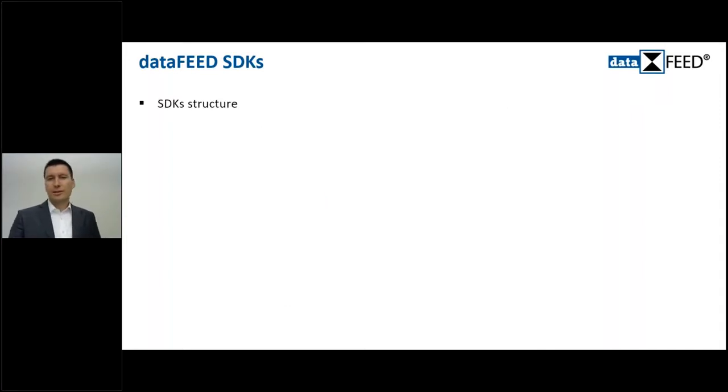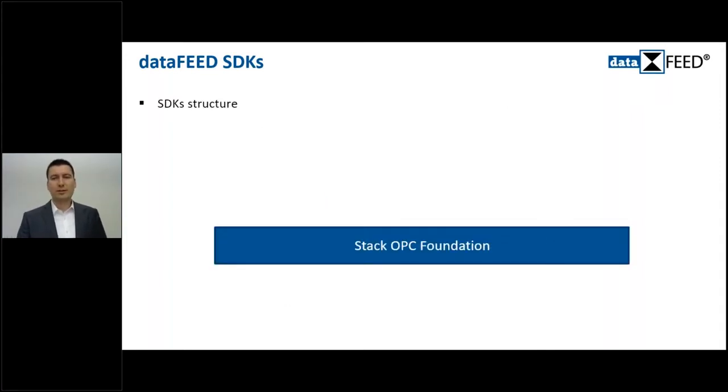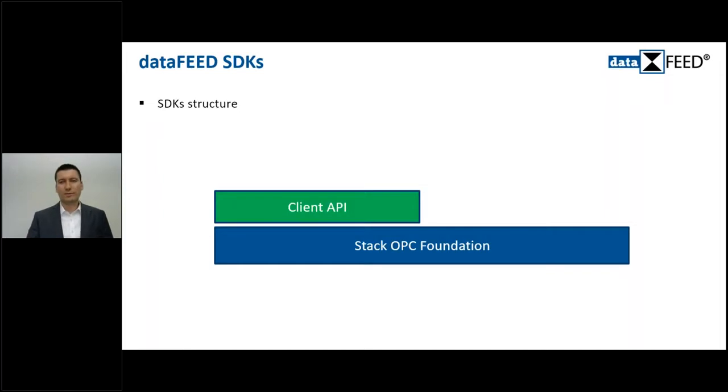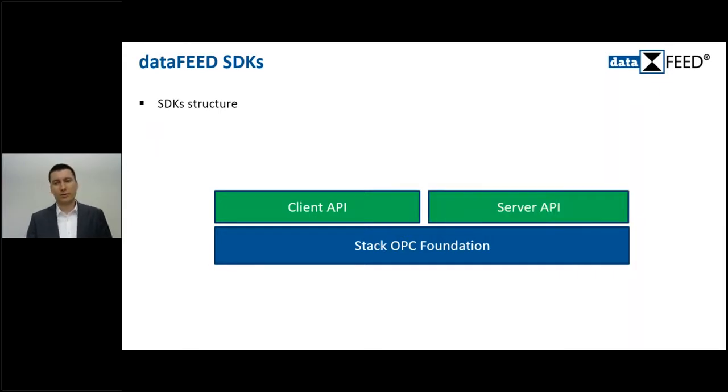What is the structure of our SDKs? We are all based on the stack of the OPC Foundation, which is available on GitHub. This is only for the OPC UA SDKs, because for the classical, there's nothing available on GitHub. On top of that, we put a custom client API, which comes from us, which simplifies everything that's inside of the stack. We have it for client, and we have it as well for server.